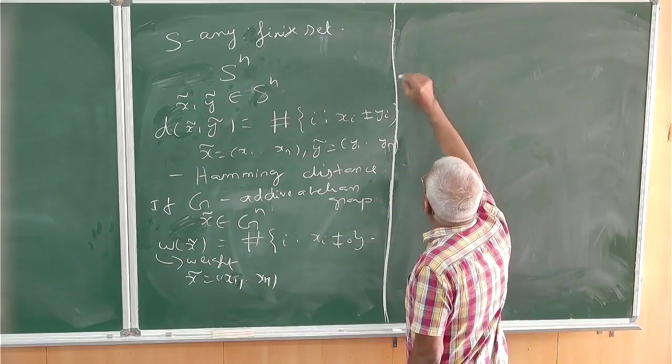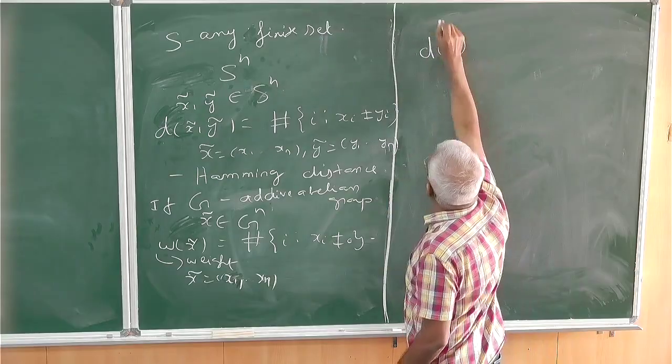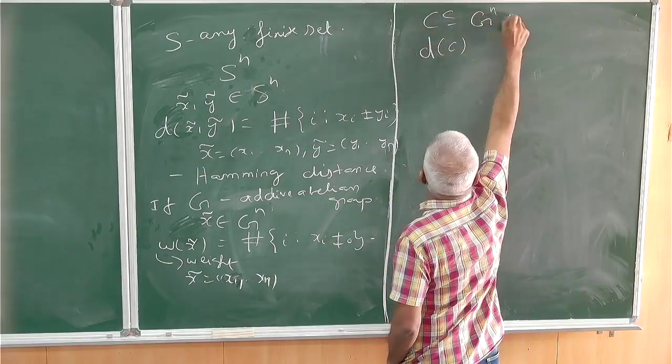Now you define d(C) for C contained in G^n.